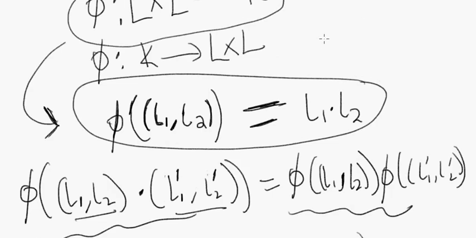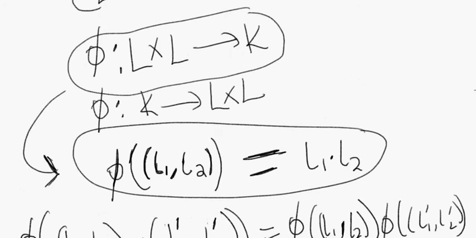For any little k element of K, we get to decide what K looks like.